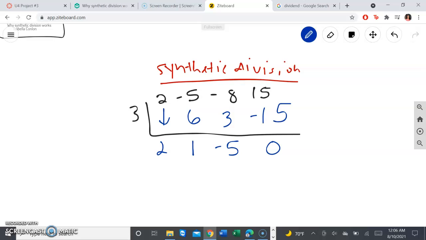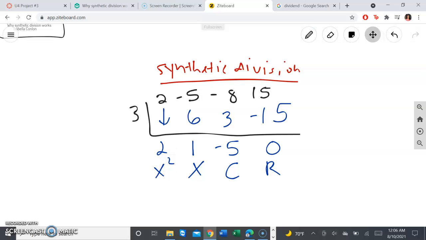And now that we have all these answers, it's good to remember that the last one is always the remainder, the next one is the constant, and after that it's x, and then lastly x squared.